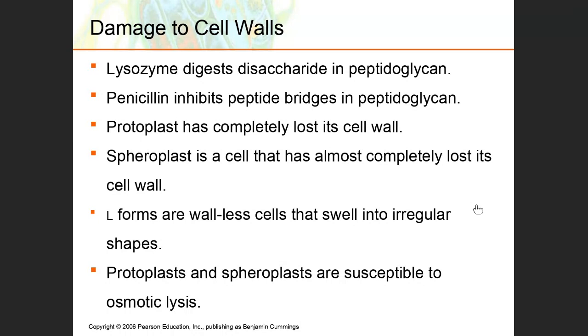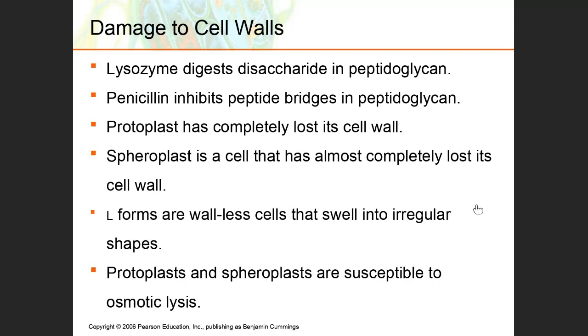So it's a pretty interesting coincidence. We talked about penicillin. It targets gram-positive bacteria because it interferes with peptidoglycan synthesis. And gram-positives are extremely dependent on that thick layer of peptidoglycan.